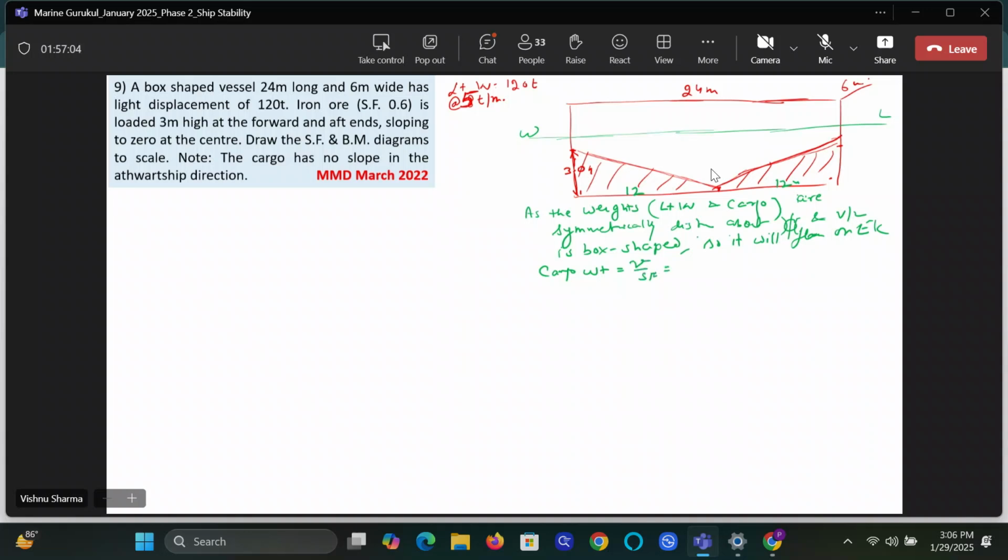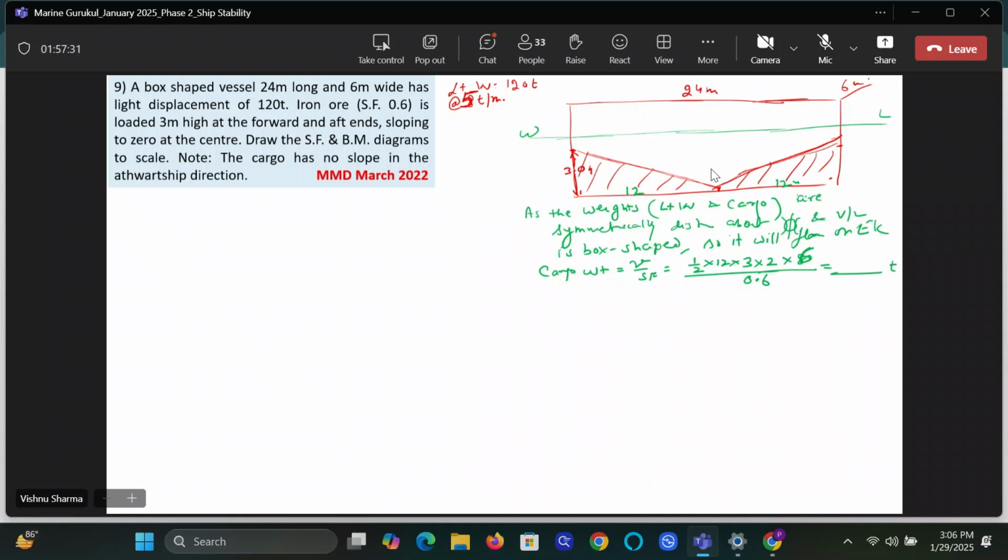So one triangle area is half base into height, and we have two such triangles. So area of the two triangles, or you can multiply by breadth and then multiply by 2, doesn't matter. This will be the volume of the cargo multiplied by 6 divided by stowage factor 0.6. Is this what you did and how much did it come, beta?